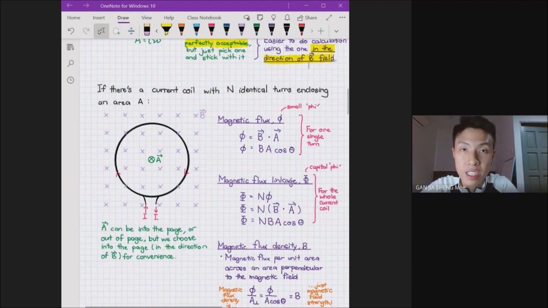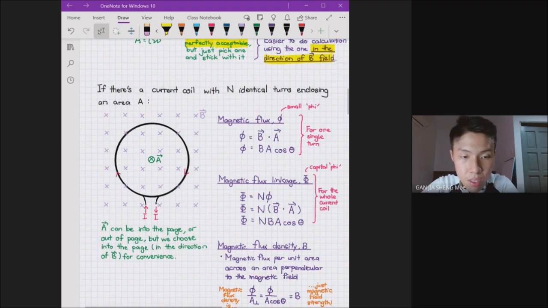For magnetic flux linkage, the symbol will be capital phi. Previously, this was small phi. For capital phi, you can see I put a capital I with a circle inside it. Capital phi can be determined just by taking the magnetic flux that you learned earlier and multiplying by the number of turns that you have. So it's just n times the dot product of magnetic field and area vector. Again, n is the number of turns enclosing this area.